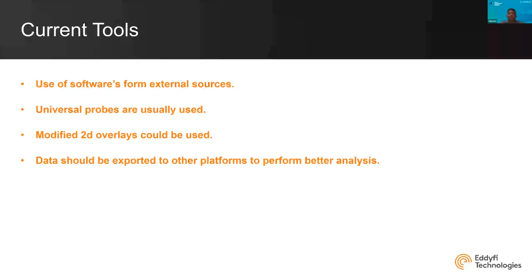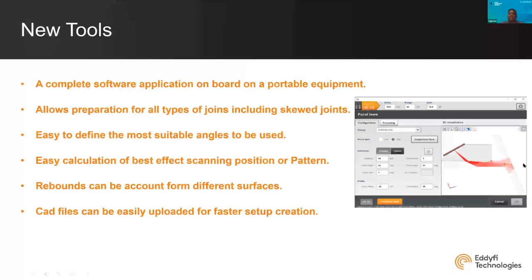So what we have done is we have come up with some new tools to overcome these challenges, and let's see what these tools are. Our software basically has the capability to draw different types of weld joints, and not only that, we can also import CAD files like this. So basically, here is a T, you keep the probe here, and you send ultrasonic energy like this, the red areas that you can see here.